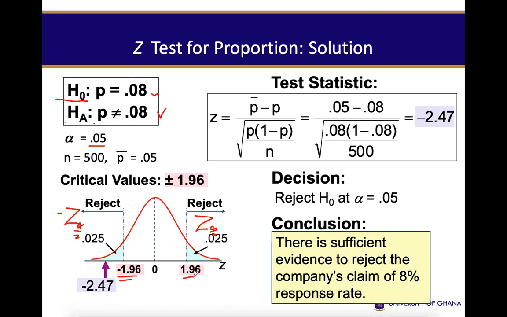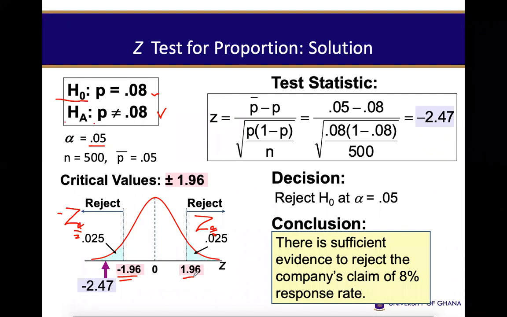For instance, I know that z 0.025 is plus or minus 1.96. I know that z 0.05 is plus or minus 1.645. So once I have those in my mind, I wouldn't have to go back and read from the table. You can make a summary of all potential z values, and use it in identifying the critical region and the critical value.